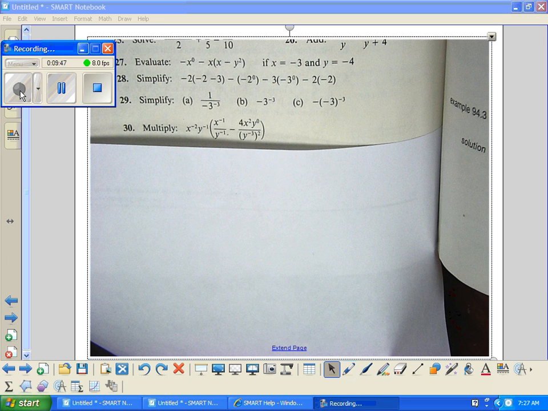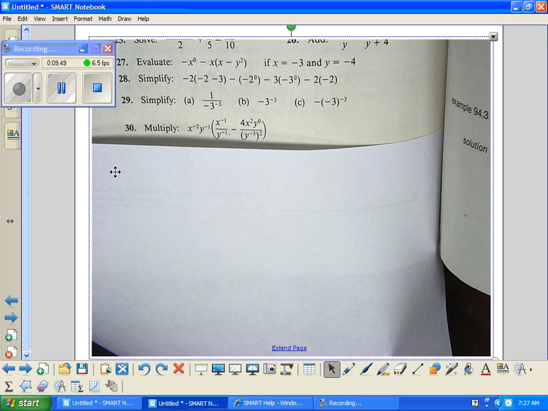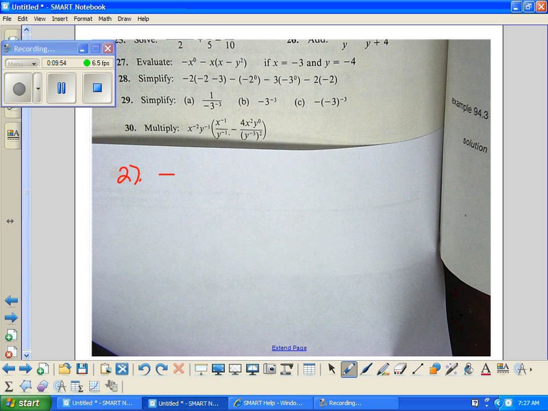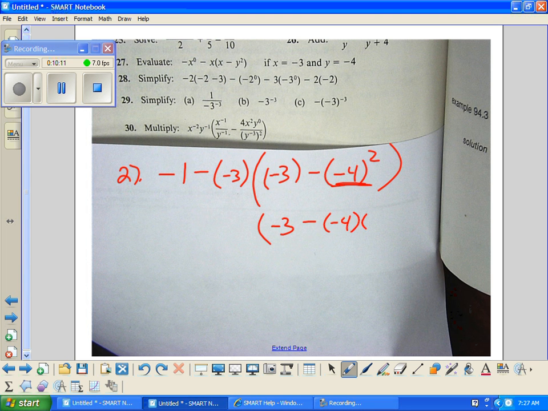Problem 27, x to the 0. So, again, I'll write it as I go. Negative x to the 0 is 1, minus x is negative 3. X minus y squared, start in the parentheses here, so negative 3, and then I see that this is here, so I'm going to write this out so you see that this will be positive 16, so I'm going to get negative 3 minus 16.